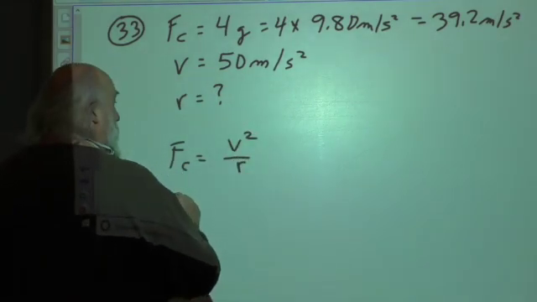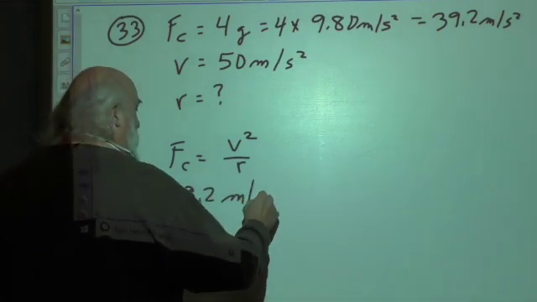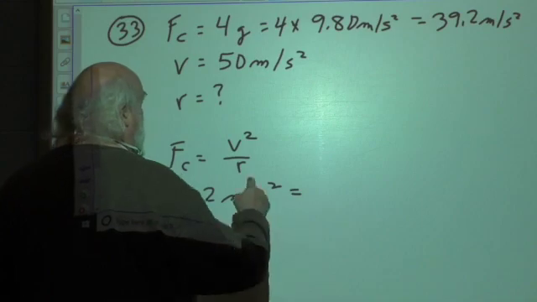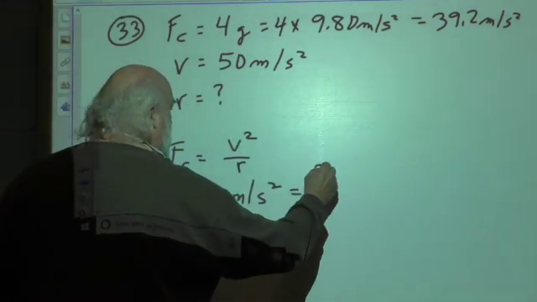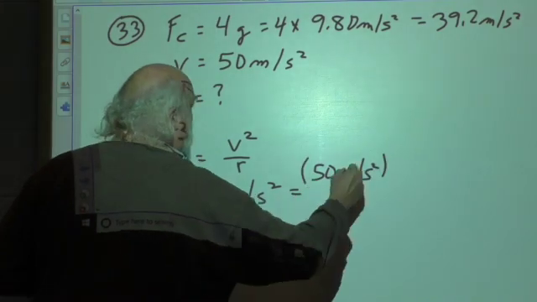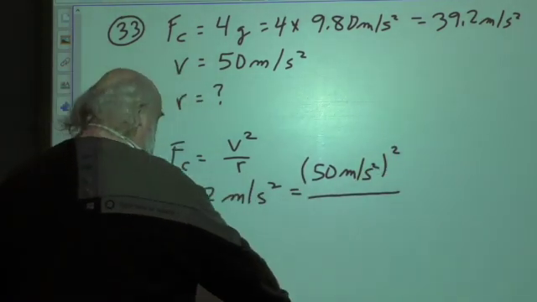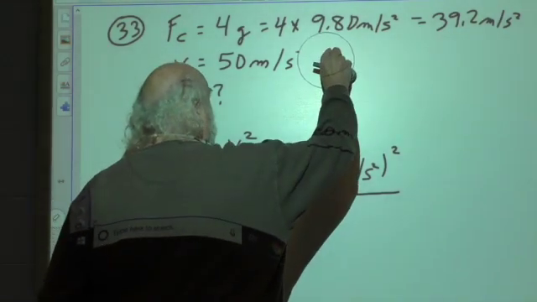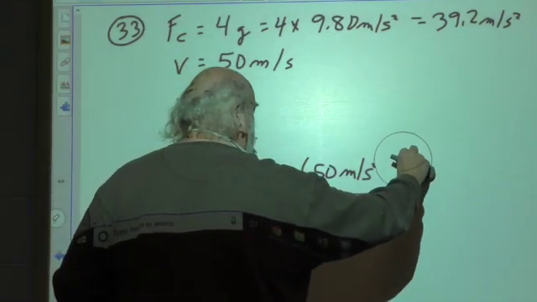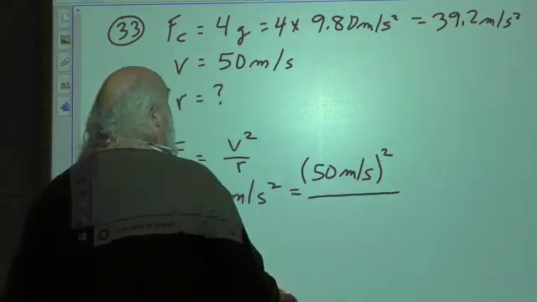So that means we're going to have 39.2 meters per second squared equals v squared, that's 50 meters per second, velocity is not meters per second squared, that's just meters per second. So we fix that, and that's squared, divided by r.